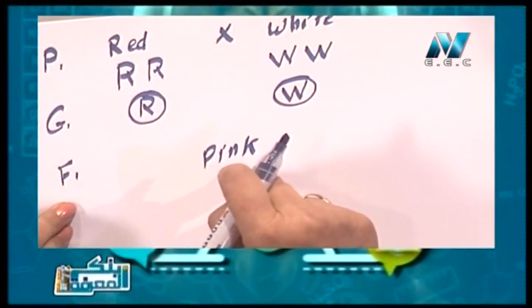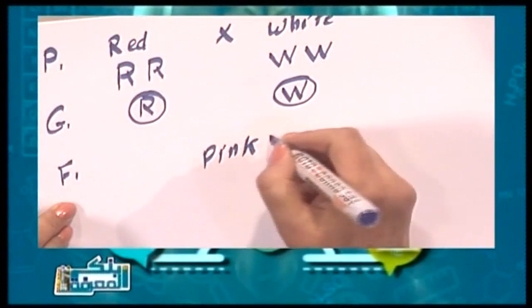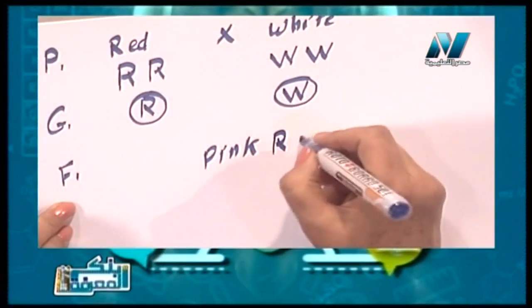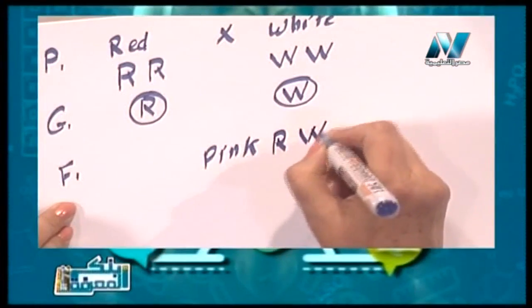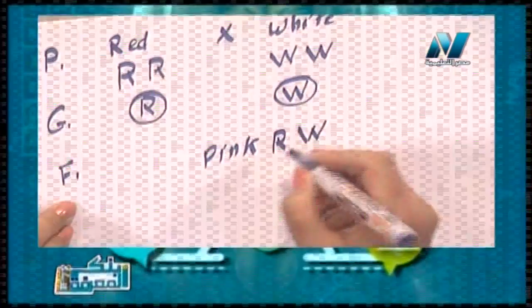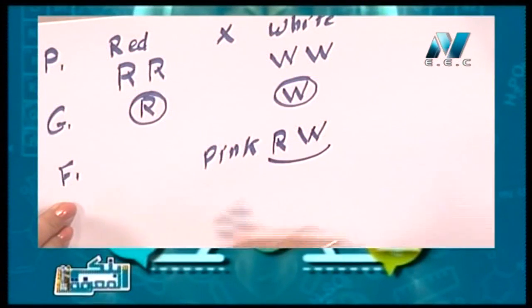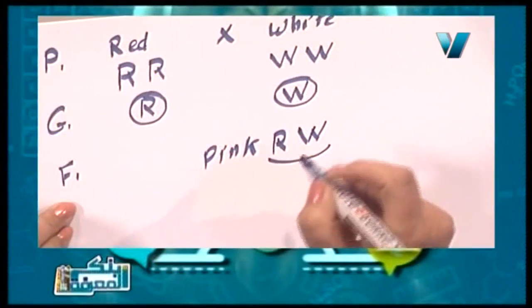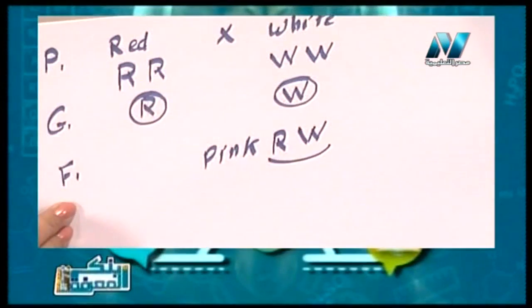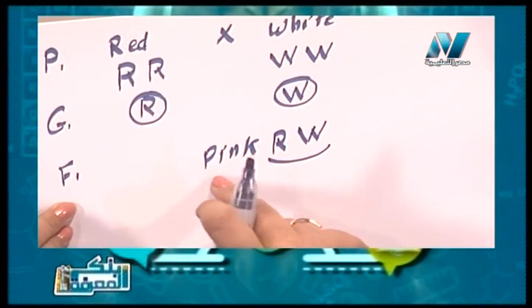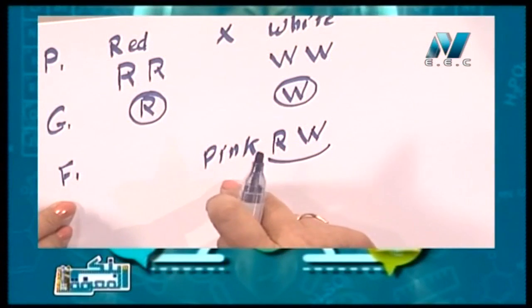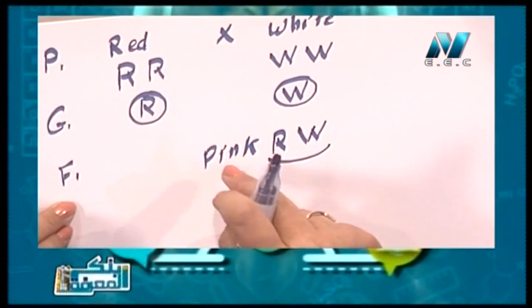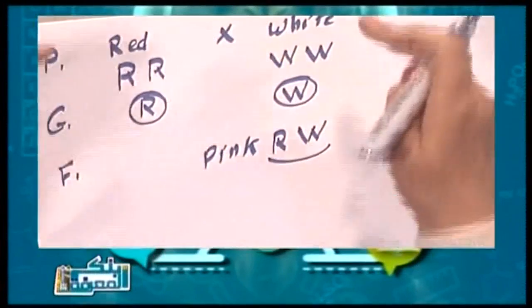So the new individual will get the capital R and capital W. So RW is the genotype of the new individuals, and no one dominates over the other. This is why the first generation carries an intermediate character between the characters of the two parents.